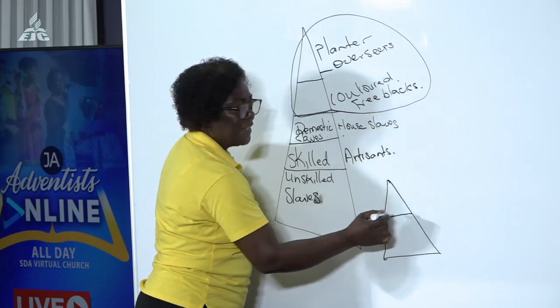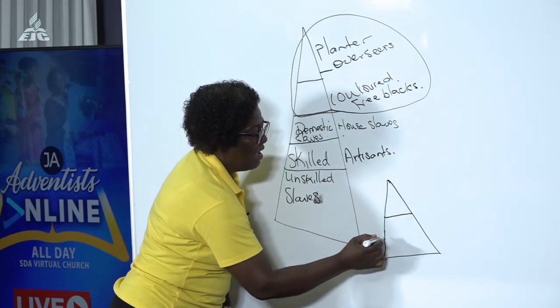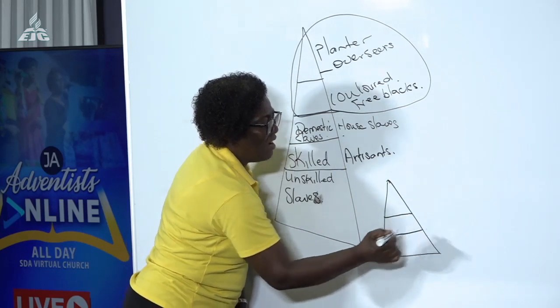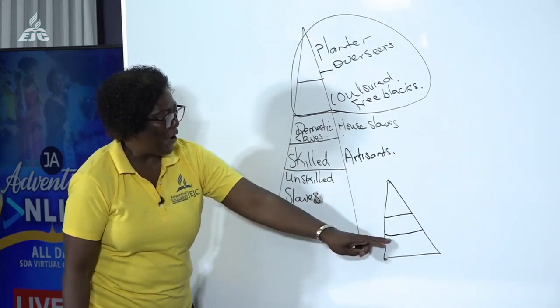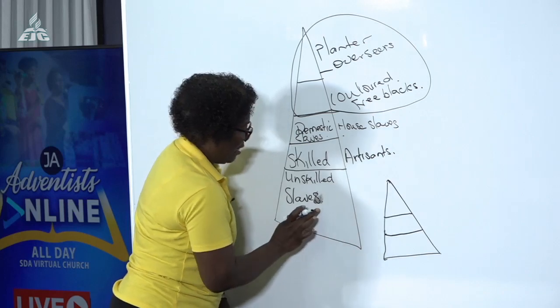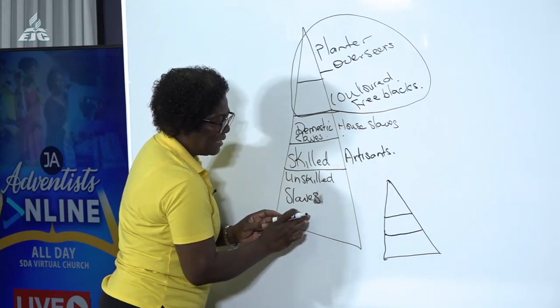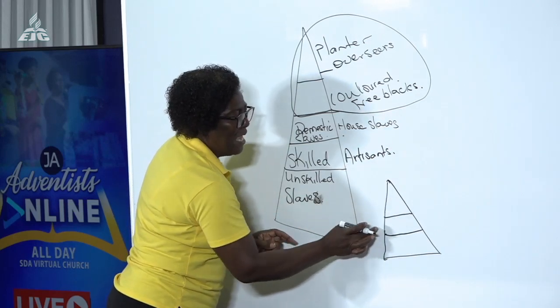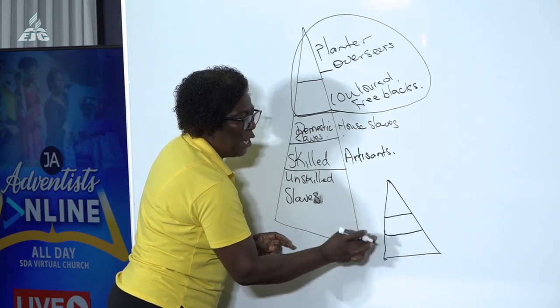You have the first gang, then you have the second gang, and the third gang. So the unskilled slaves here could further be divided into three groups.